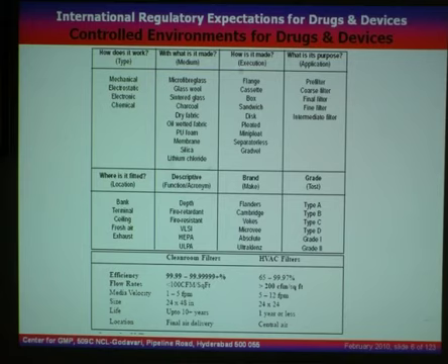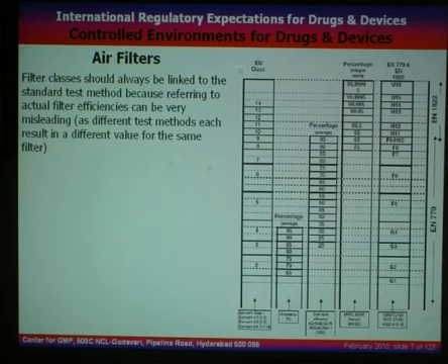Now whenever we refer to filters and their efficiency, it's always important to link them to the standard or the test method that is used, because different test methods may not always give you the same results. So here we have an example.